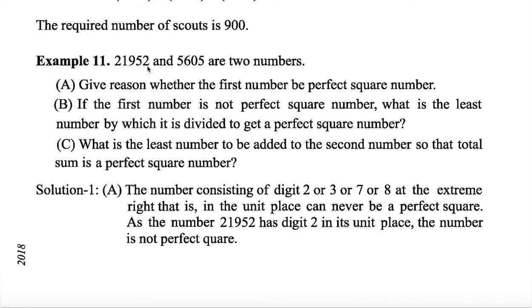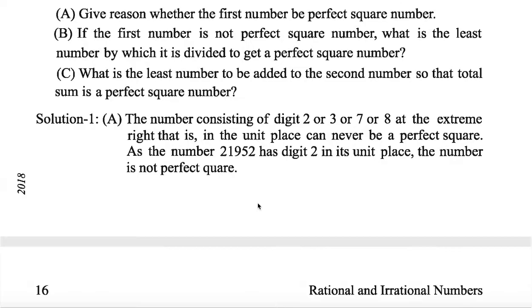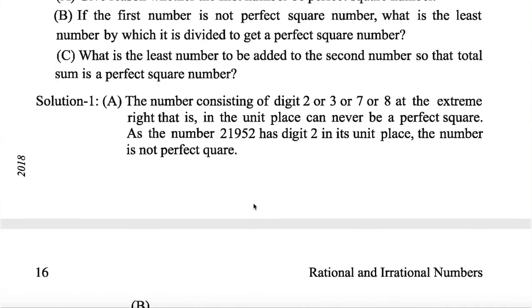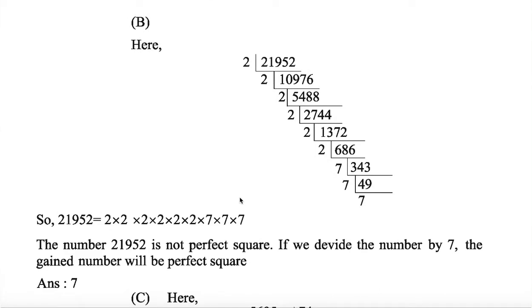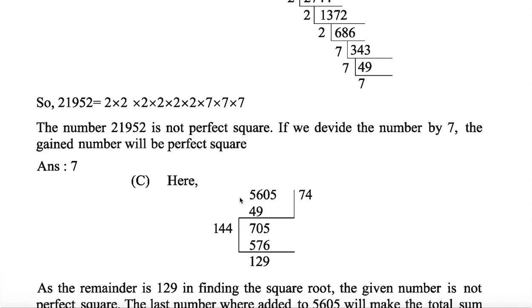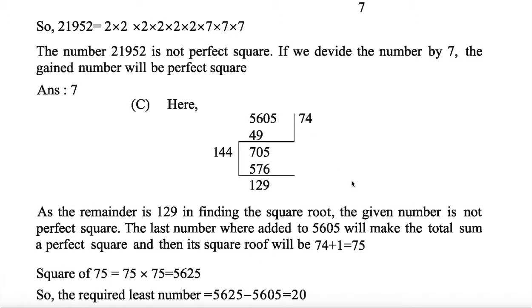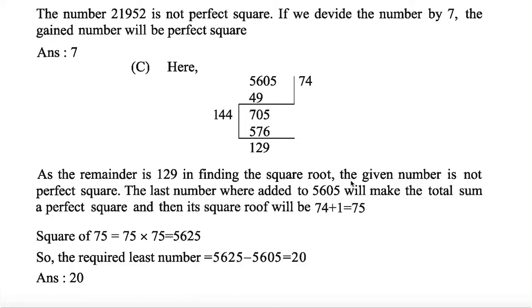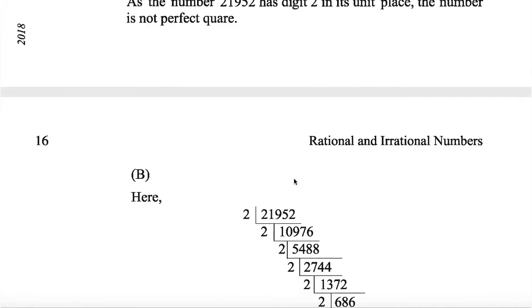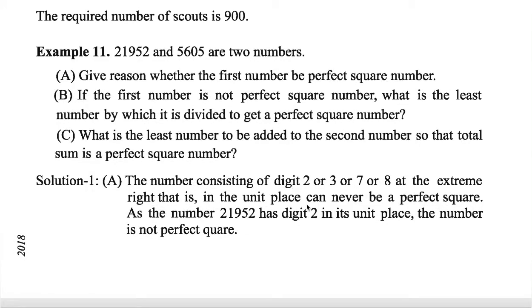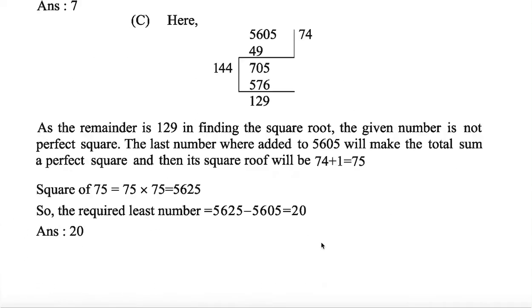If the first digit is 2, it cannot be a perfect square. 5605 you can try, you will get 74. If you want to make it a perfect square, you should add 20. We have seen similar problems, right?